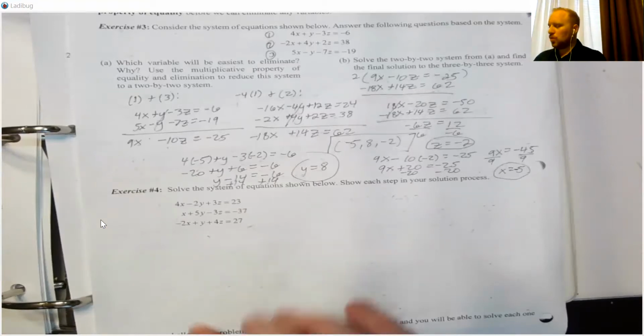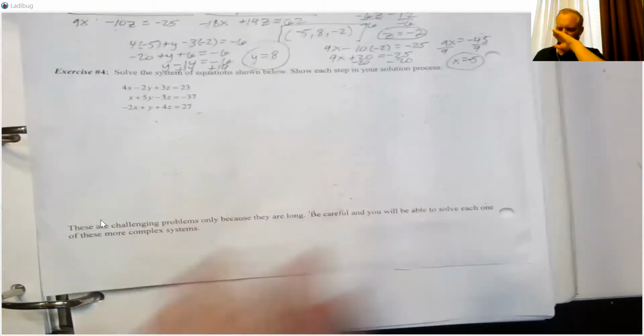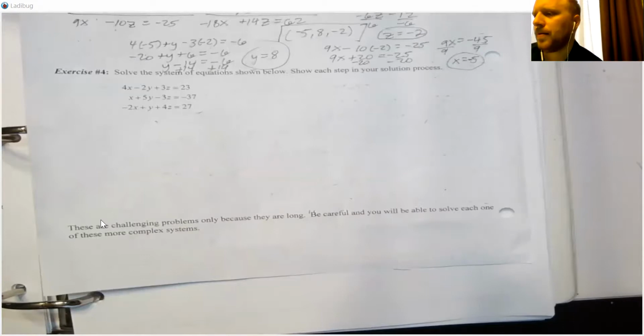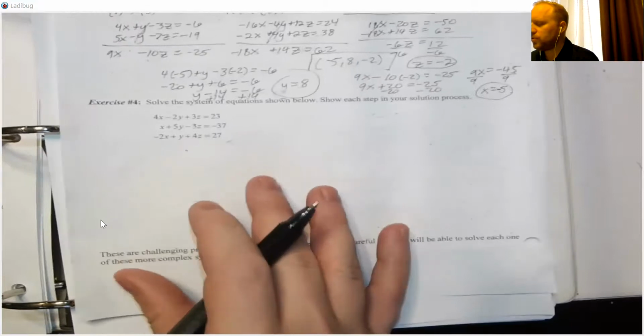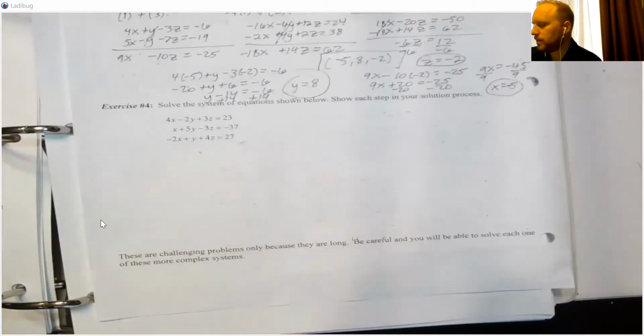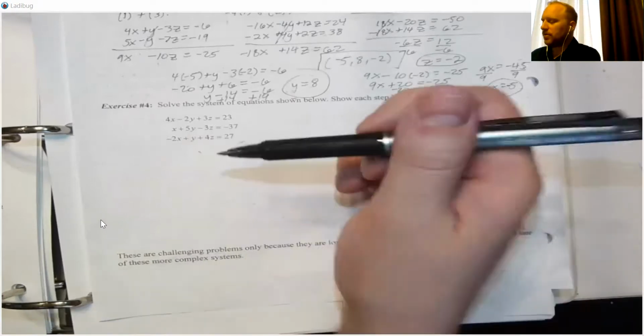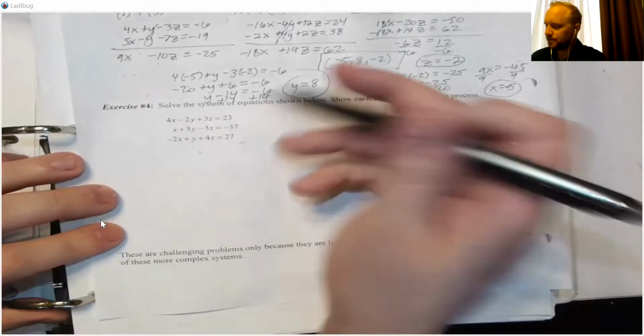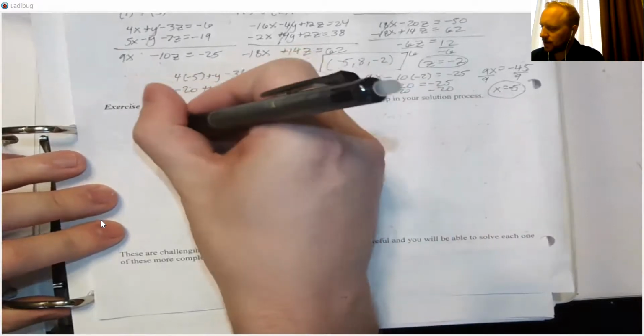Okay, so let's do one more. Okay, so for this one here, we want to try and eliminate one of the variables. Okay, I want to eliminate my x's. I've decided that that's the variable I want to eliminate. So in order for me to eliminate my x's, I'm going to take my three equations.